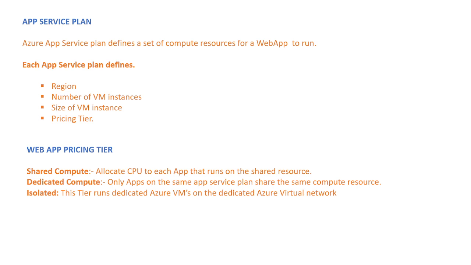Then the isolated one. This tier runs dedicated Azure VMs on a dedicated Azure virtual network. When you say isolated, they will keep a virtual machine or a web application dedicated for you in a separate isolated instance. They will keep that instance in a particular virtual network for you, so there is no communication.